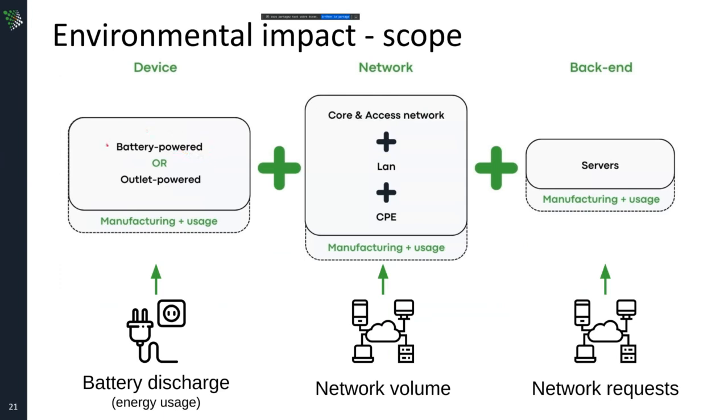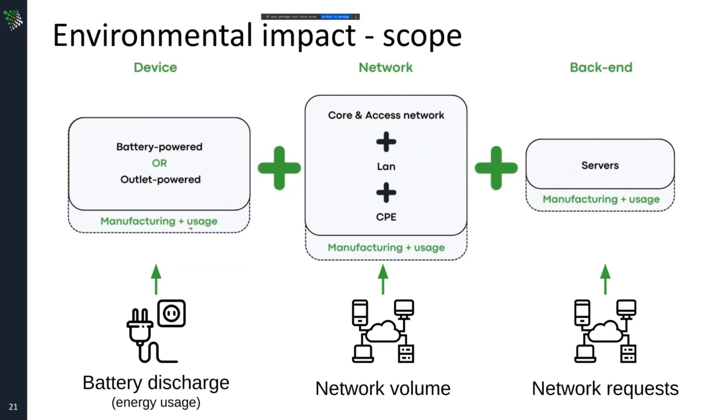Regarding the network, we account for the core and access network, the LAN of the user, and the customer premise equipment, which is basically the routers that your provider gives you and that you use in your home or in your company. And regarding servers, we account for the complexity of the infrastructures. And for each of these layers, we account for both the usage phase in terms of electricity mix and the manufacturing phase.